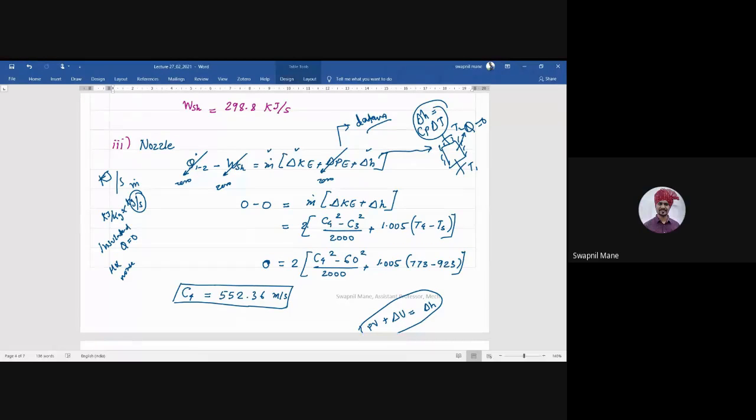Yes or no? So delta H is equal to delta U plus PV. If PV is not there, delta H is equal to delta U, which is given by Cp delta T. Is okay? Right.